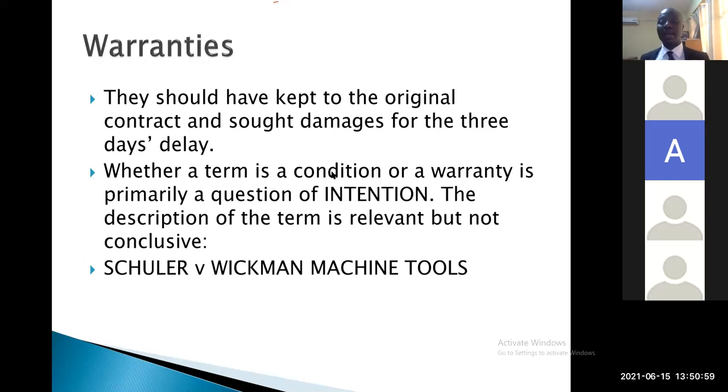So it's not so much about the description the parties have, but more importantly, the intention of the parties. Yeah, so that is what we should keep in mind.